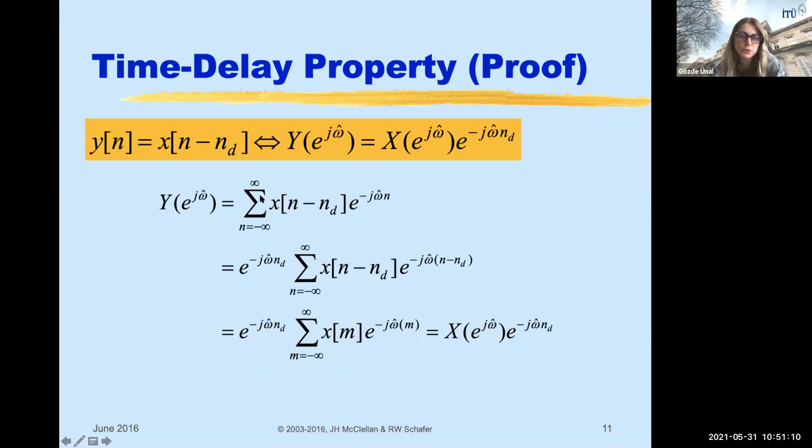Like the previous one, insert a shifted signal into the Fourier transform definition. Do a change of variables: name n minus n_d as m. You will end up with the Fourier transform times this phase shift, a complex exponential multiplying the Fourier transform.